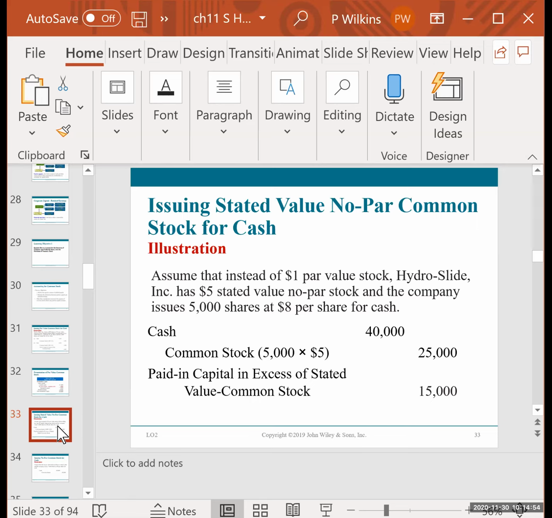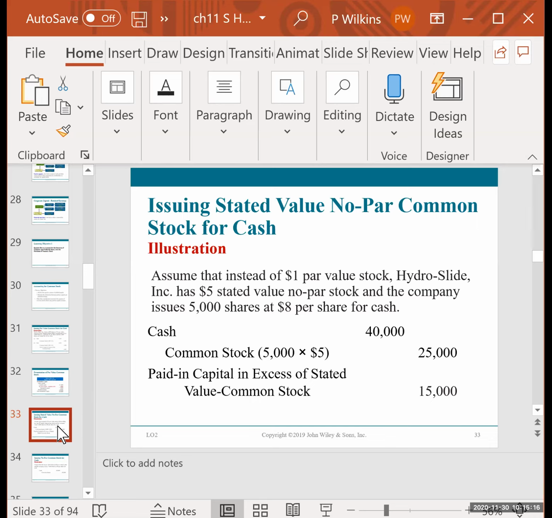And then the difference between the cash and the common stock is going to be our excess. And the difference in this case is $15,000. So $40,000 minus $25,000 is $15,000. So we are going to credit paid in capital in excess of stated value common stock.